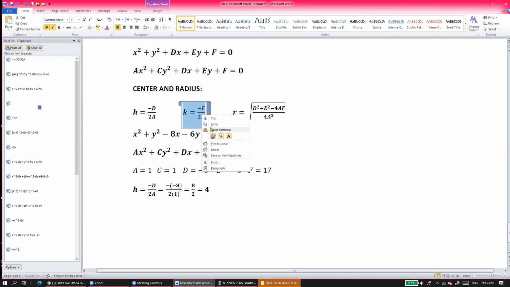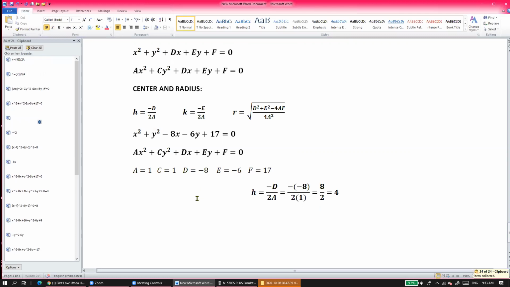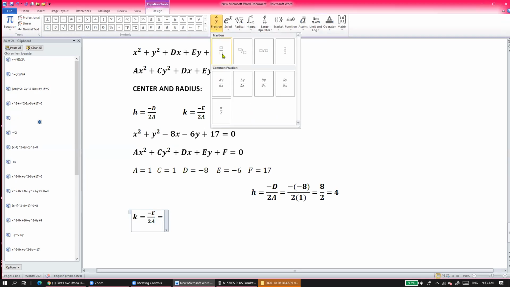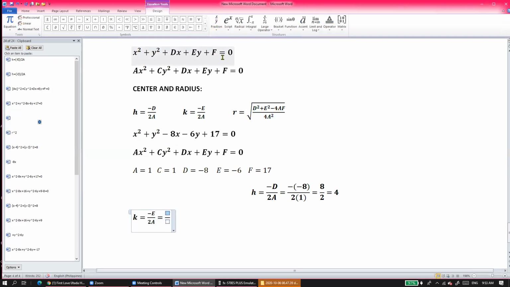Let us solve for the value of K. Shortcut formula yan, class. Ibinigay ko na rin para kumpleto, no? Ang value ng E is negative 6. So, negative 6 over 2 times 1 equals 6 over 2, I think. Kasi negative is positive.